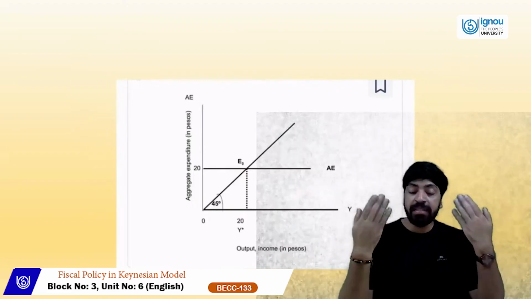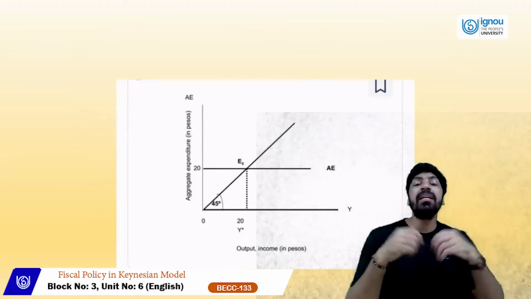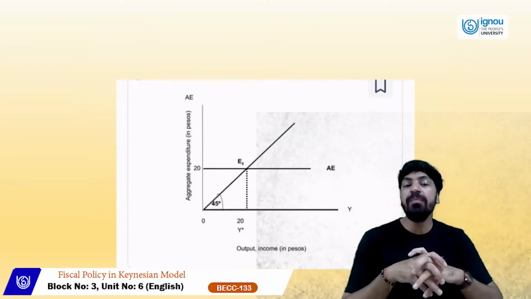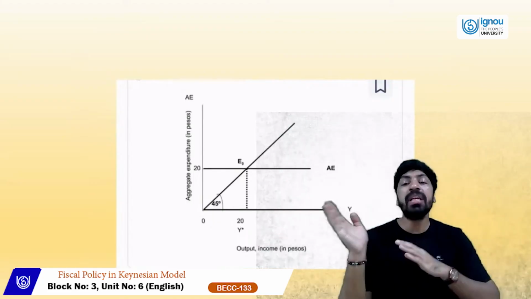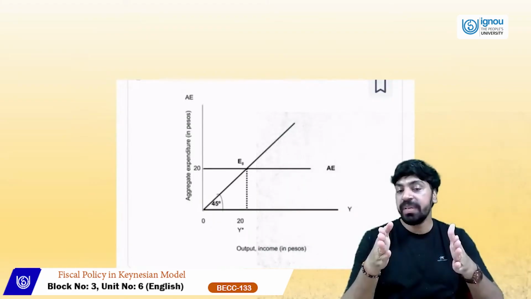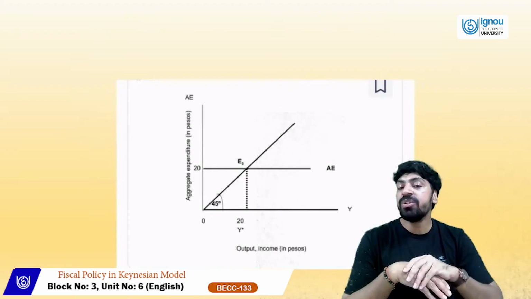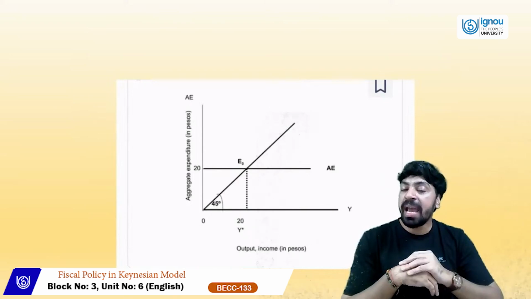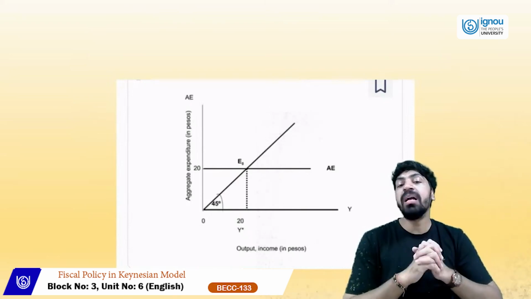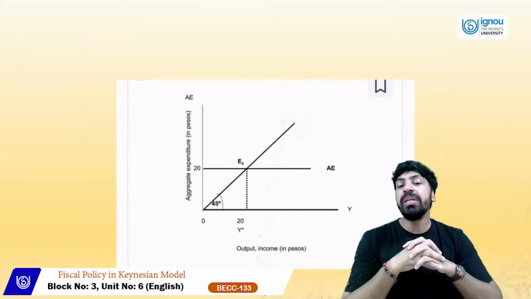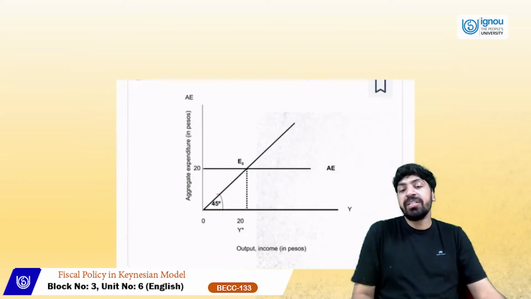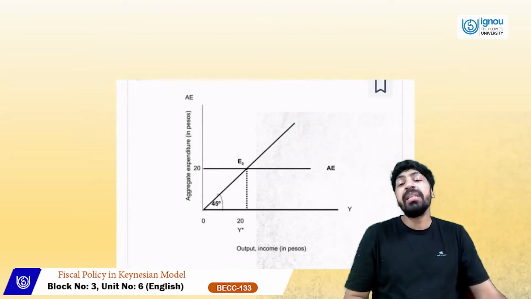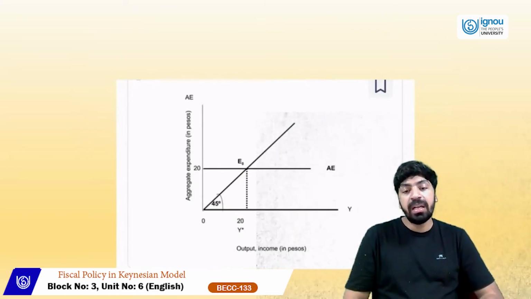As I have shown in the earlier slides, the original condition of the national equilibrium point is that aggregate expenditure is equal to income. So it has been shown here that the aggregate expenditure is equal to income. That means if the aggregate expenditure is 20, the actual output or income will also become 20. So the intersection point of the 45-degree angle line and aggregate expenditure, the original point E0, is called the equilibrium national income level.